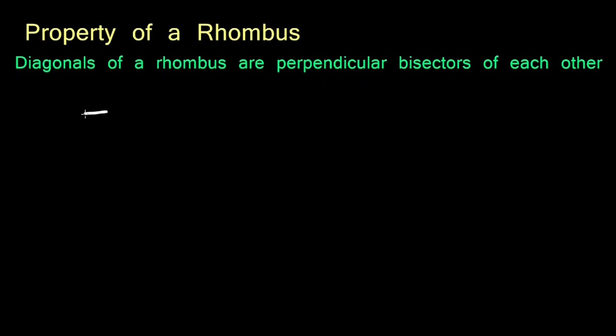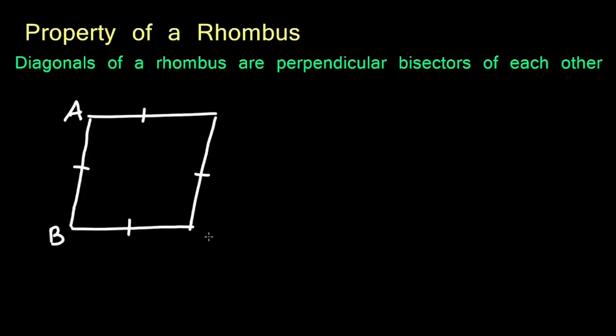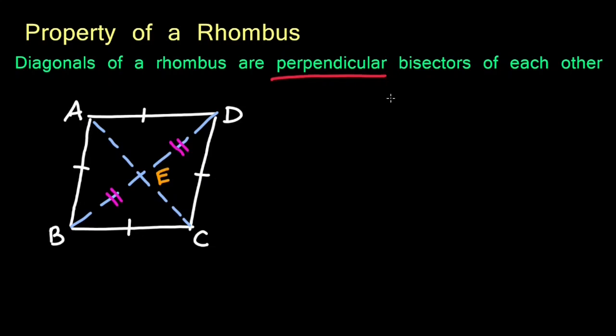In rhombus ABCD, diagonals BD and AC bisect each other at point E. Rhombus is basically a parallelogram, and we have already seen that diagonals of a parallelogram bisect each other. Therefore, BE will be equal to ED. Now we only have to show that these diagonals are perpendicular.